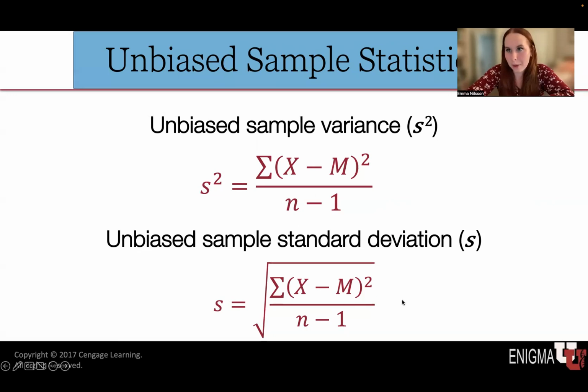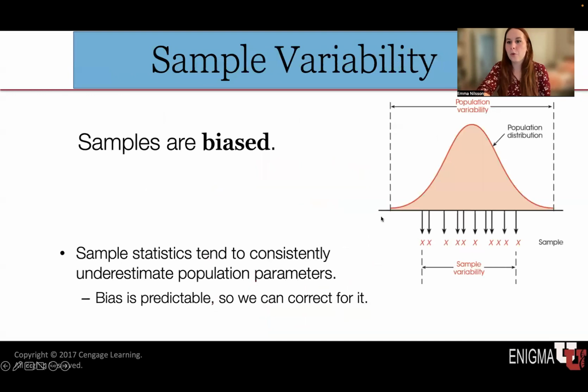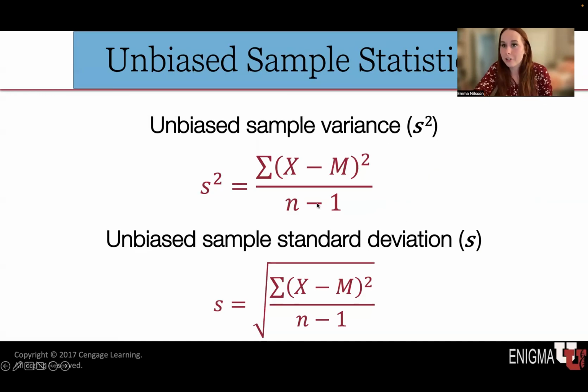This is how we account for bias. One of the effects of that is if we have a smaller denominator, our resulting value is going to be a little bit bigger. So that accounts for an underestimated value. If the value is smaller than it's supposed to be, we make a smaller denominator, which gives us a bigger overall value.